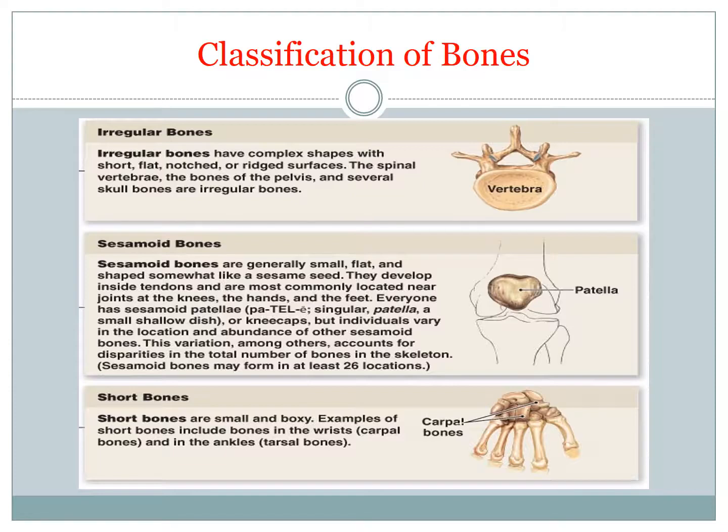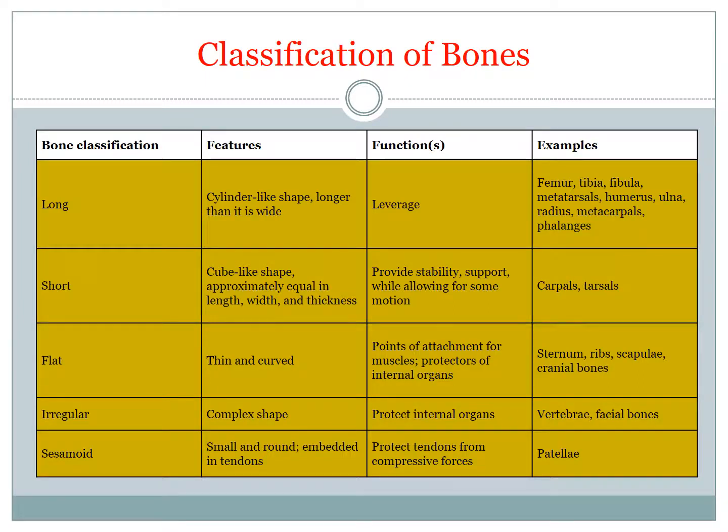The vertebrae, an example of an irregular bone. The patella, a sesamoid bone. And the carpal bones are examples of short bones. And this table also shows some of the features and functions of the different bone classifications.